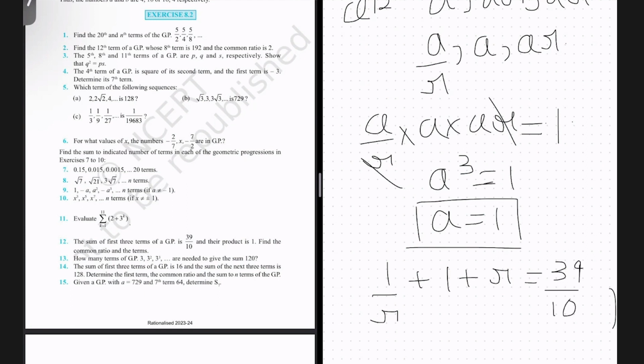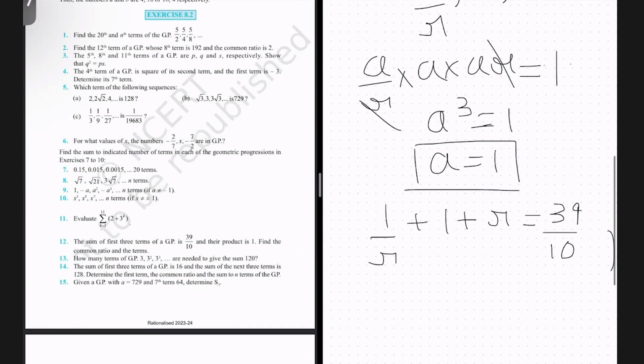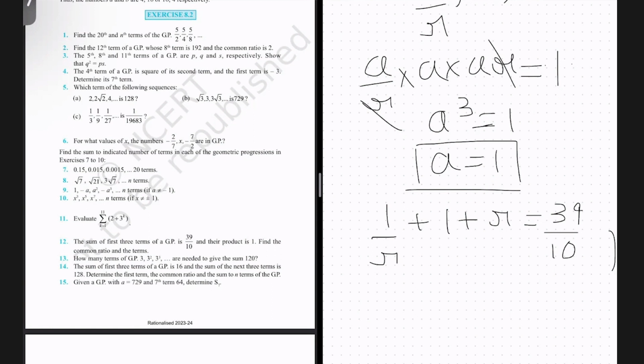Multiply both the LHS and RHS by R because we don't want R to be in the denominator. So what I now get is 1 plus R plus R square equals 39R by 10.